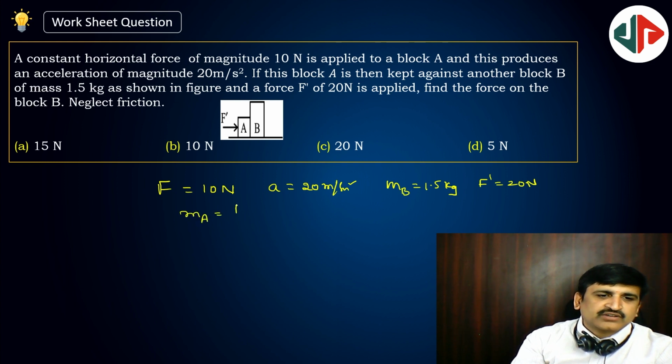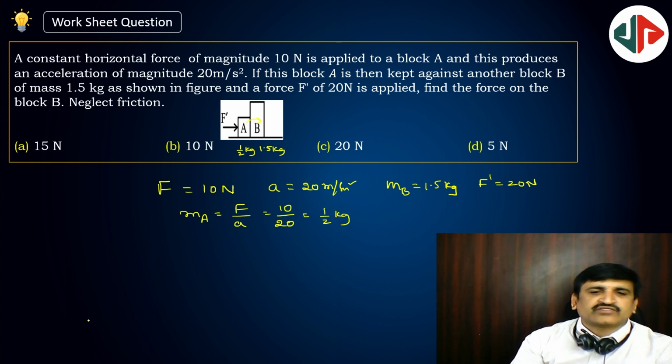Mass MA he didn't give, that first you have to find out. MA is equal to F by a. F is equal to 10 newtons, acceleration 20, so it is 1 by 2 kg. So first mass is 1 by 2 kg, second mass 1.5 kg. And he is asking contact force. So contact force is equal to mass to be pushed into acceleration.